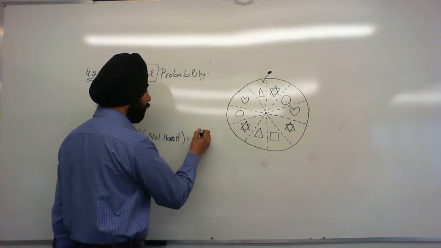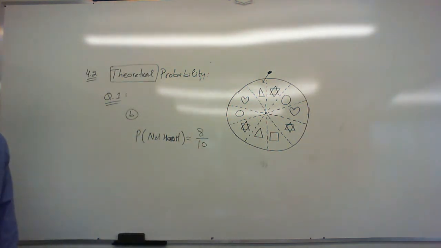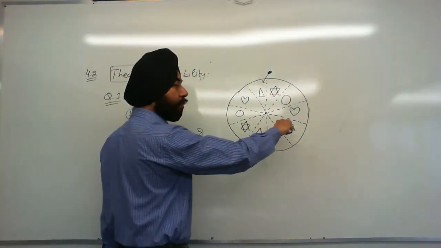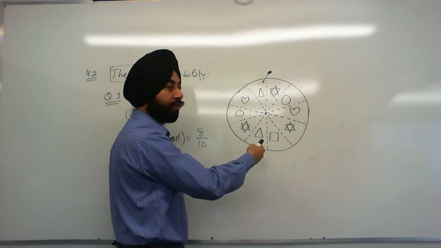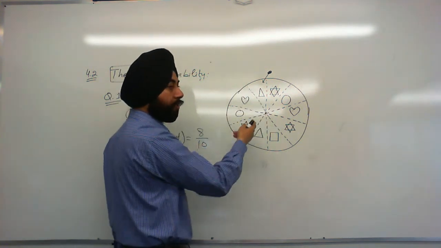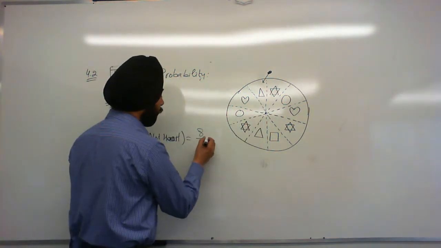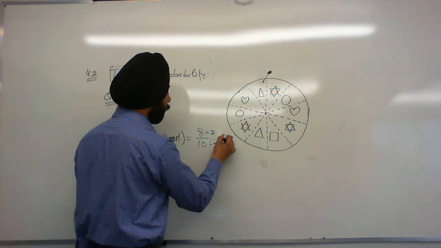So it will be 8 out of 10. It's not a heart. You got only 2 hearts, but the rest of them are non-hearts. The probability that the spinner will stop on a non-heart. 8 of them are non-hearts, and total of 10 things are there. 8 out of 10. Then you simplify it. You can divide both of them by 2. You will get 4 out of 5.